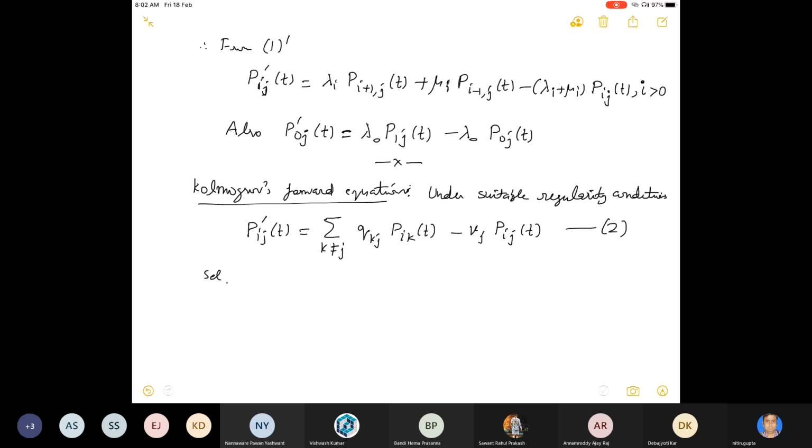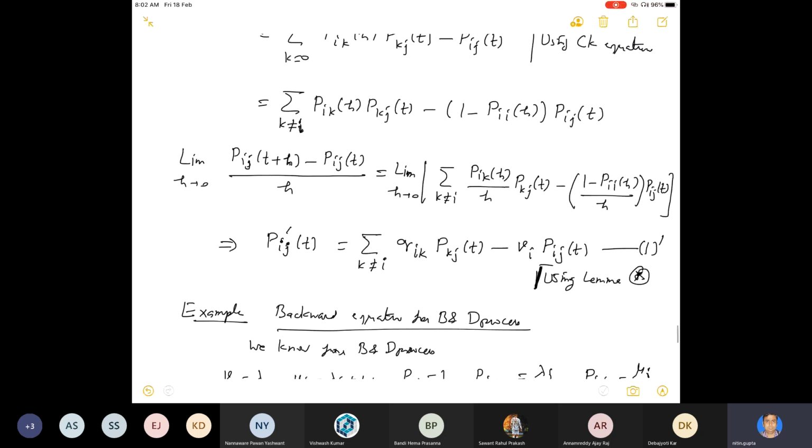Let us start with Pij t plus h minus Pij t. Now using Chapman-Kolmogorov equations, we can write this down easily.